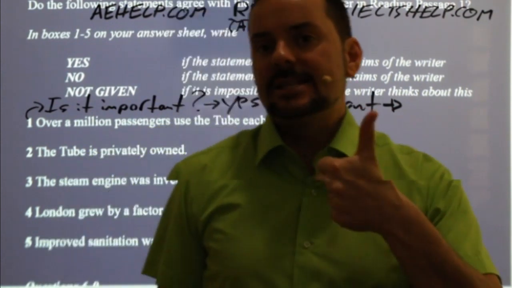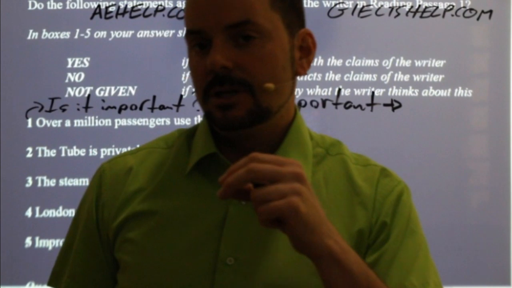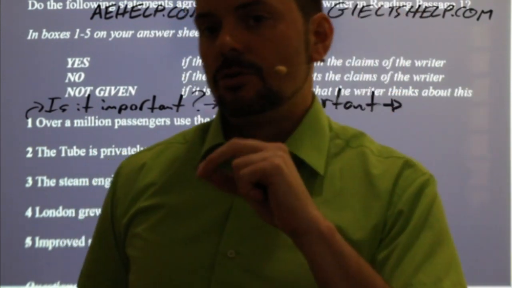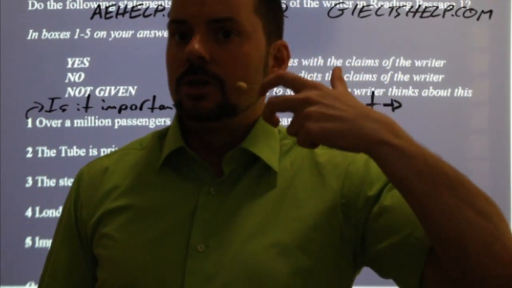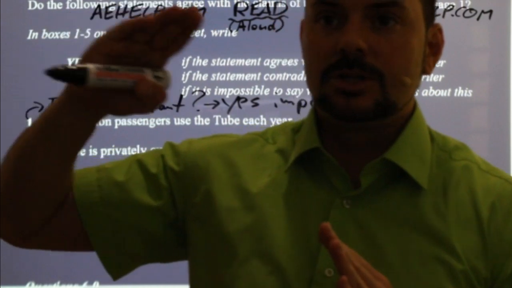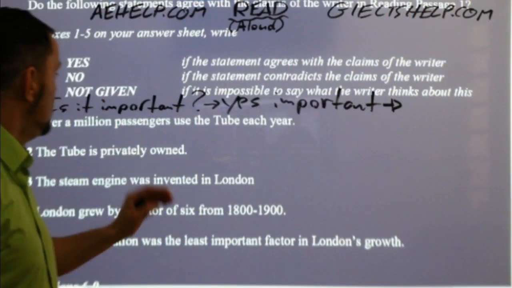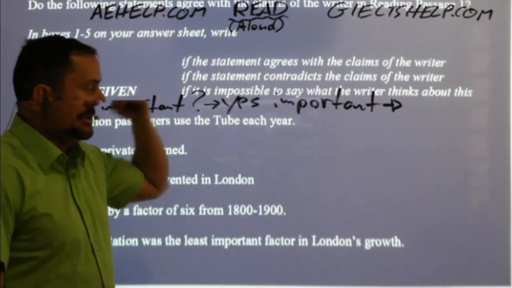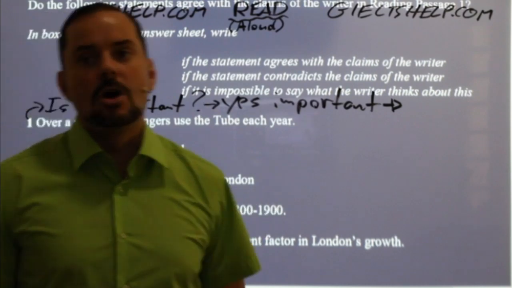So first asking, is it important? Figuring out if it's given or not given, and then asking if it's true or not, or yes or no, will help to slow down your logical thinking so that you increase your rate of accuracy. One of the big problems students make is they read it really quickly, they think they have the answer, they give the answer, and it's wrong, right?